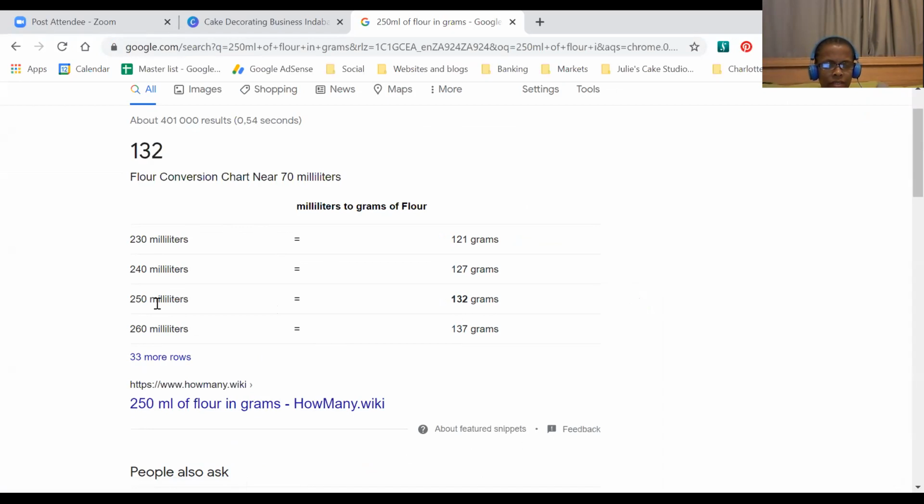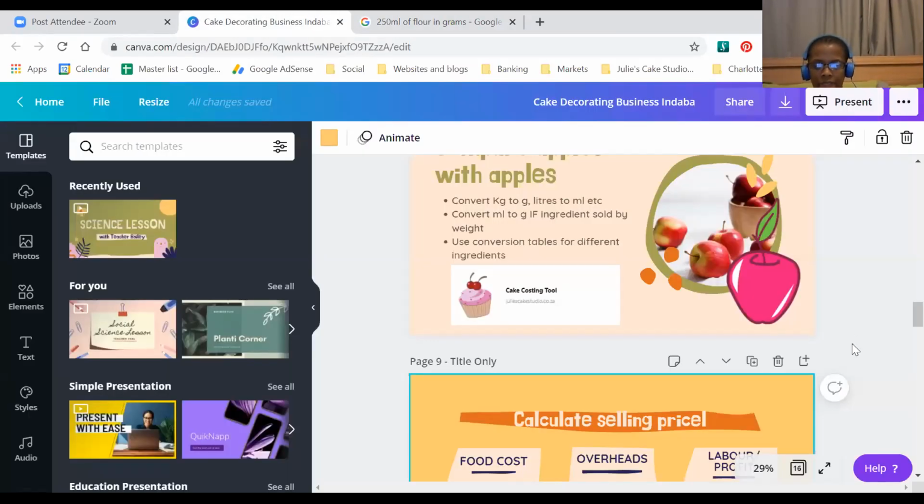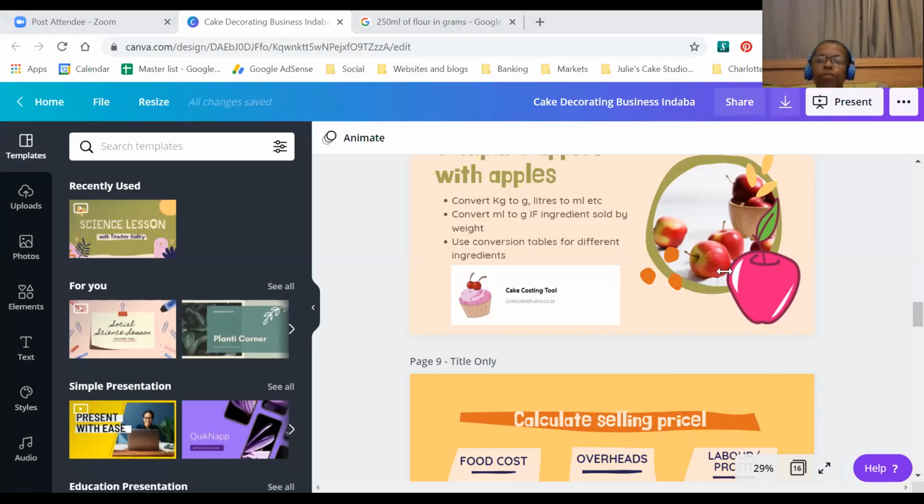So 250 milliliters is equal to 132 grams. I would not use this as a recipe conversion. I would just be using these tables for my costing. I wouldn't do this to work out how much is going to go in the recipe. I would just do it for this.